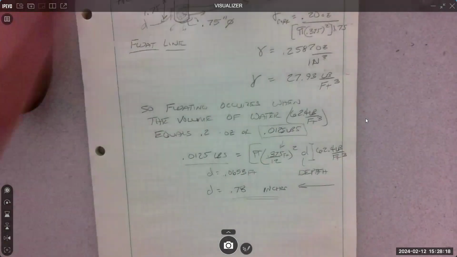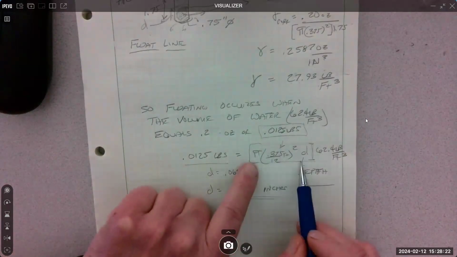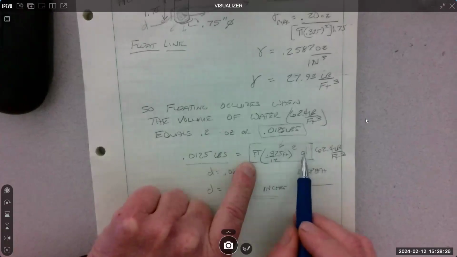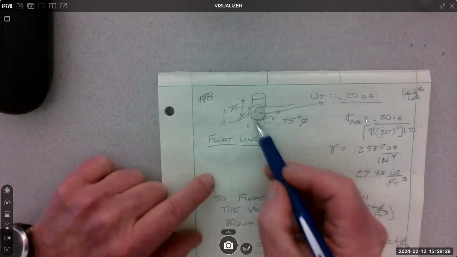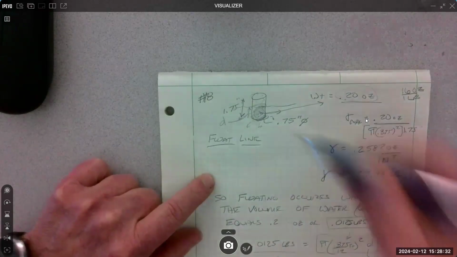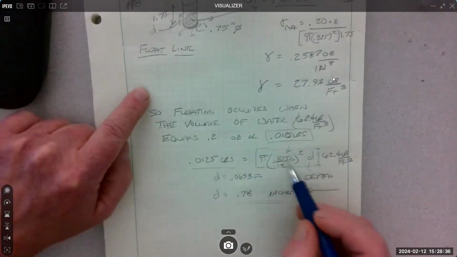So that is this number right here. This is the volume underwater. So pi r squared times the depth, right? Pi r squared, that's the 0.375.